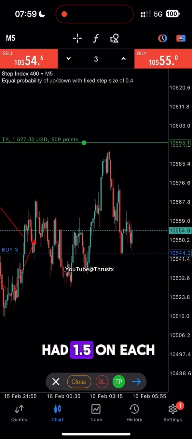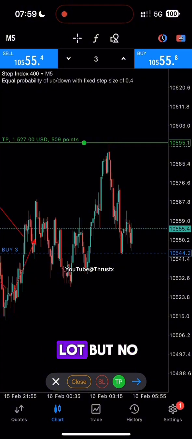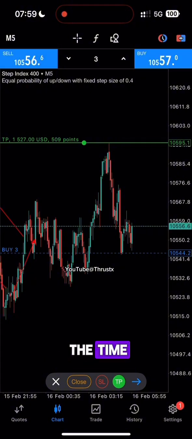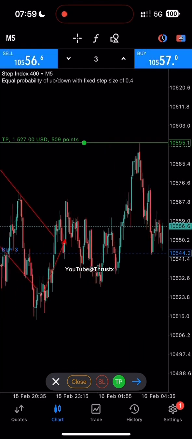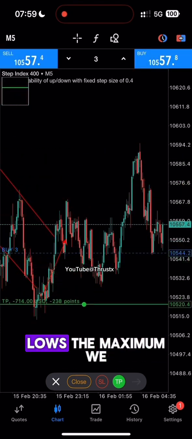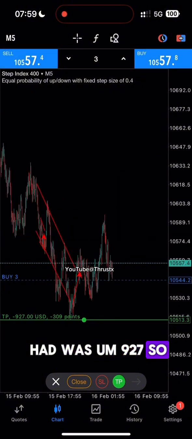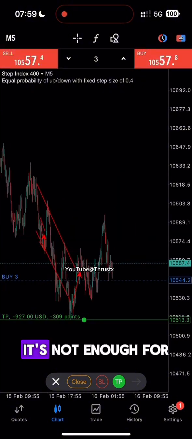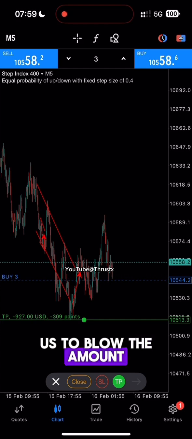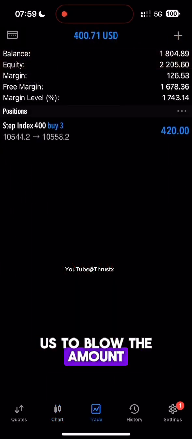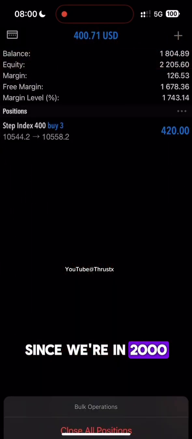Imagine I would have had 1.5 on each lot, but no, I wasn't available at the time. And the maximum loss we had was 927. So it's not enough for us to blow the account, since we're in 2000.